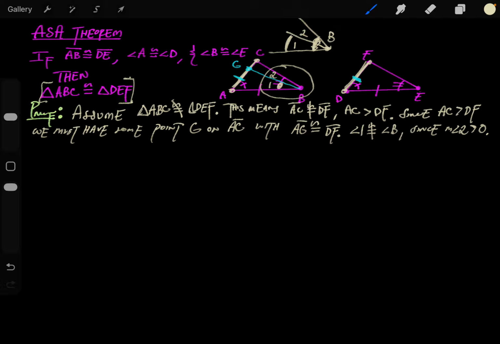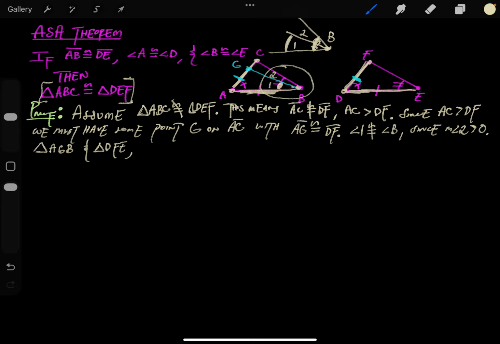Now, what can we say? Let's look at triangle AGB and triangle DFE. What do we have in this situation? We have this side congruent to this side by given.